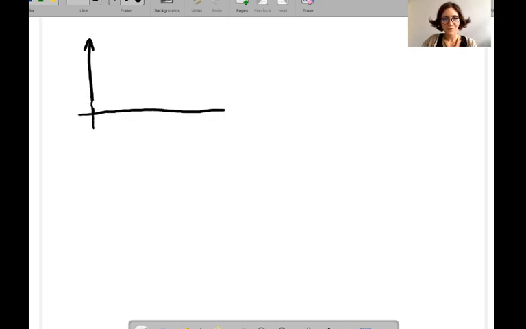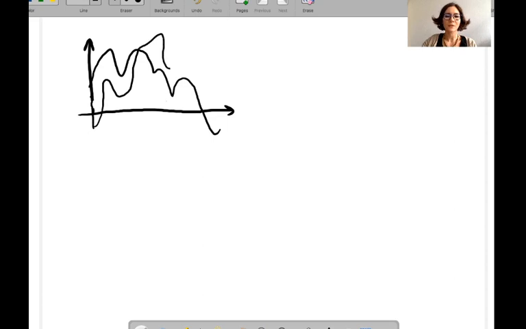Okay, so let's try to draw a random process x of t. Here's one realization. If you want, we can draw another realization, and so on. These are some realizations from x of t. The way I like showing random processes is I try to draw at least two realizations, and then I usually represent a random variable as this line.